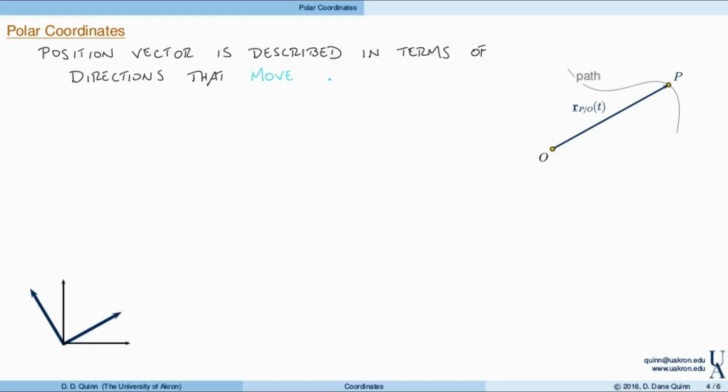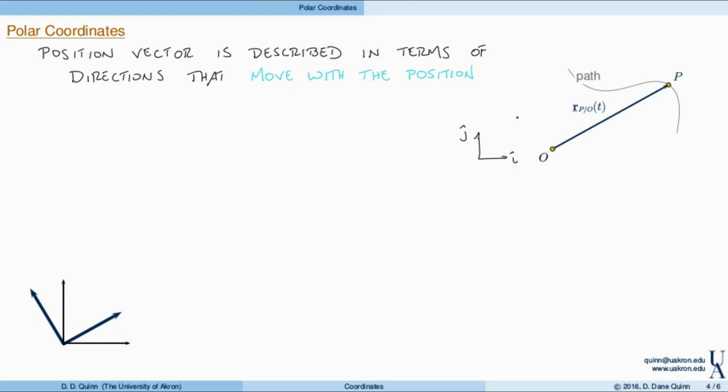So these directions move with the position. Here, again, let's define I and j fixed in the ground.